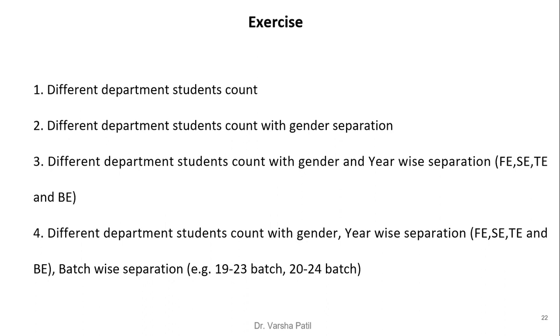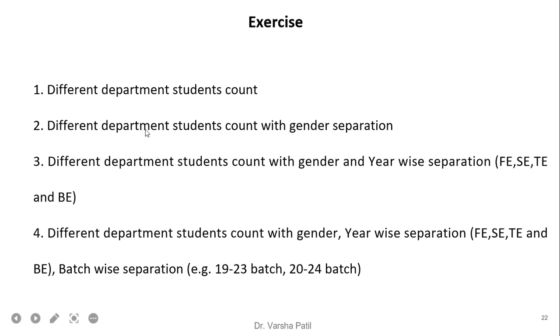Now these are the additional exercises given. This is the first exercise in which different departments with student count are given. You are required to identify how many features are there, make sample data and create the table. Now, different department students with count with gender separation. Here two characteristics are given, that is, two features.